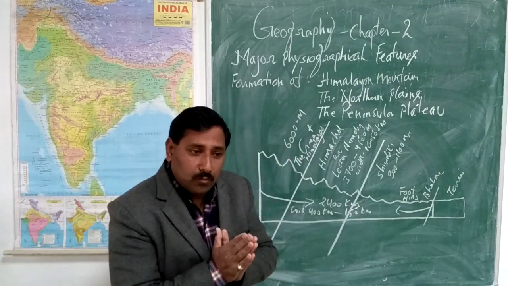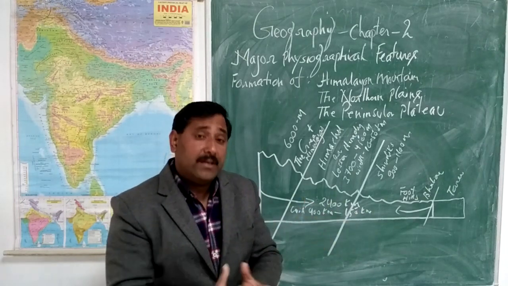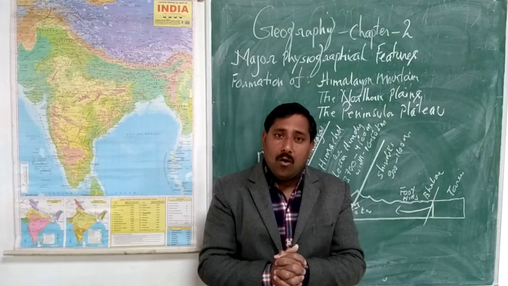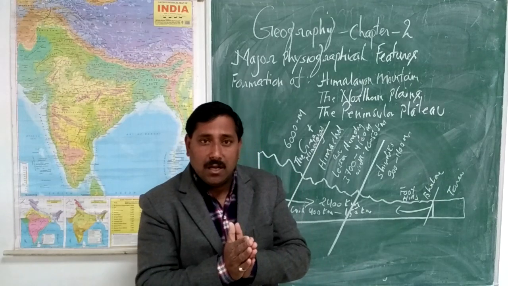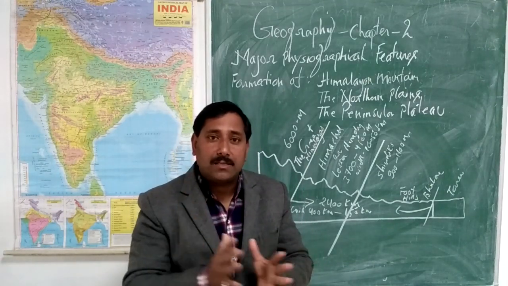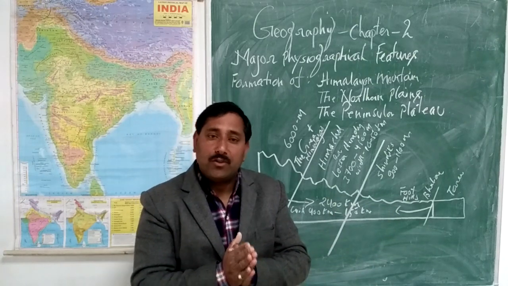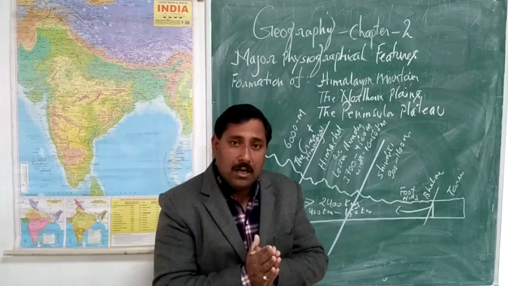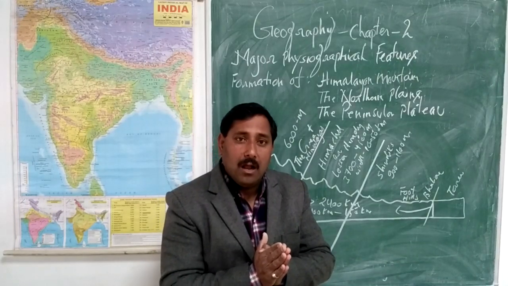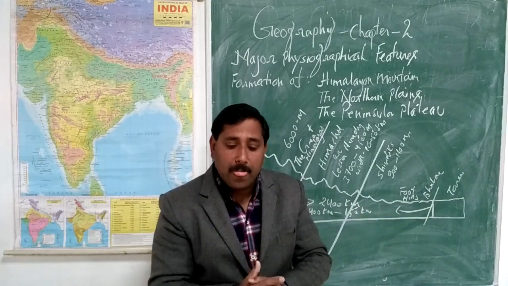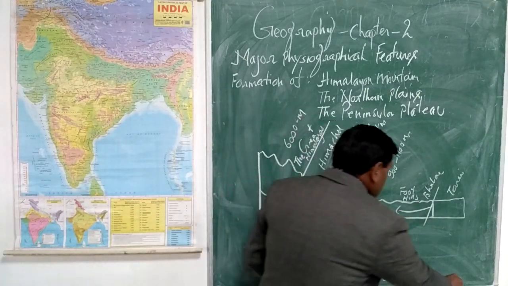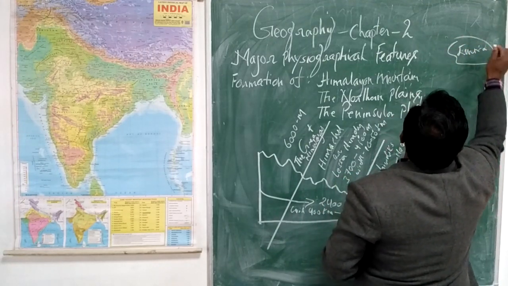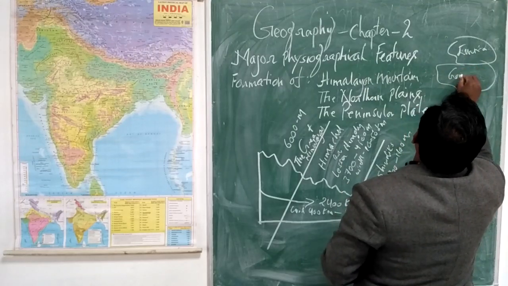You should also know that millions of years ago, the whole planet Earth was a single mass, a single continent, which was known as Pangaea. And millions of years ago, it divided into two parts. The upper part was known as Eurasia, the Eurasian land, and the lower one was Gondwana land.